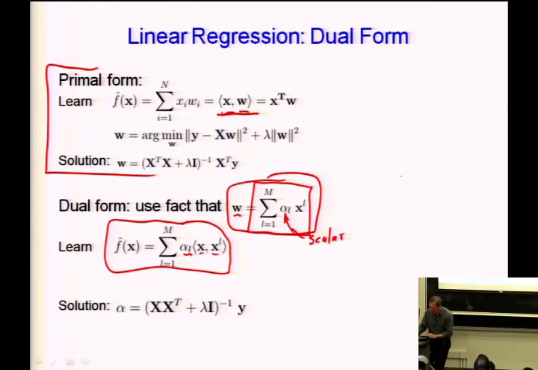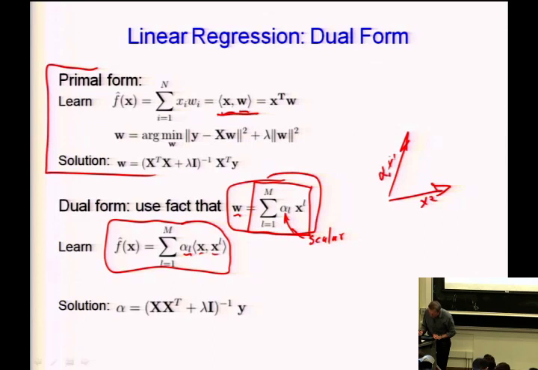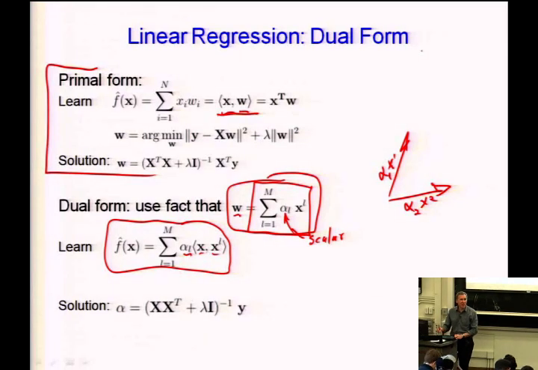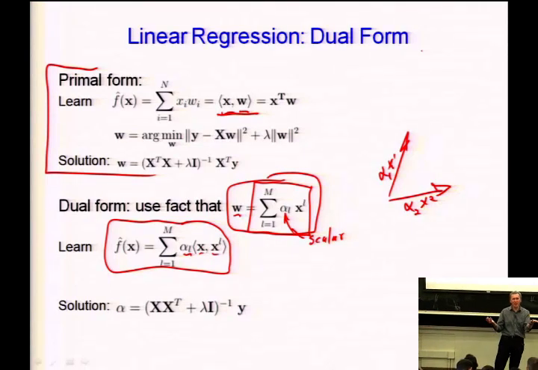So again, all we're saying is, if here's training example 1 and here's training example 2, there's some alpha 1 that we can multiply x1 by, plus some alpha 2 that we can multiply x2 by, and we can get any weight vector that's in this plane by picking alpha 1 and alpha 2 appropriately. And if those are my only two training examples, since w lives in the same space spanned by those, I'll always be able to do that.